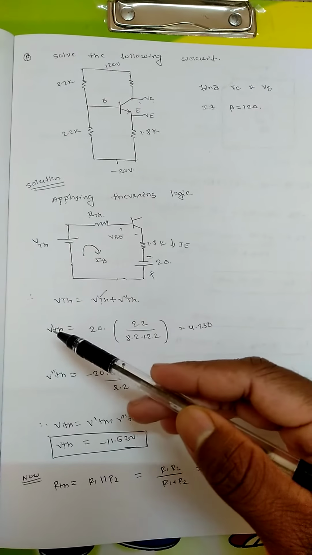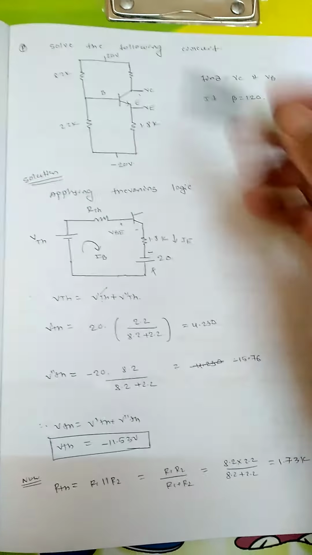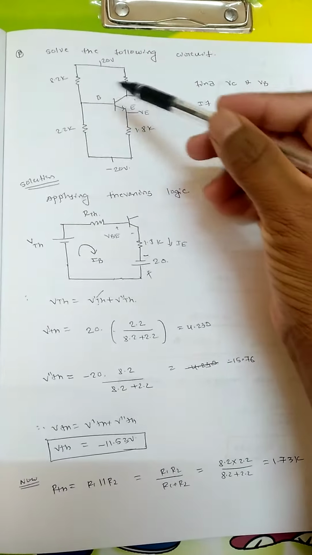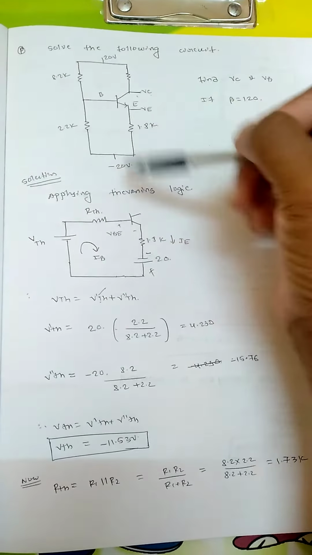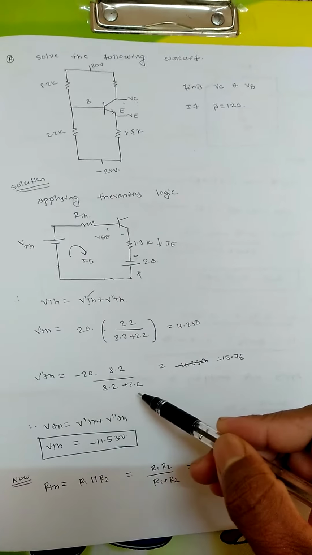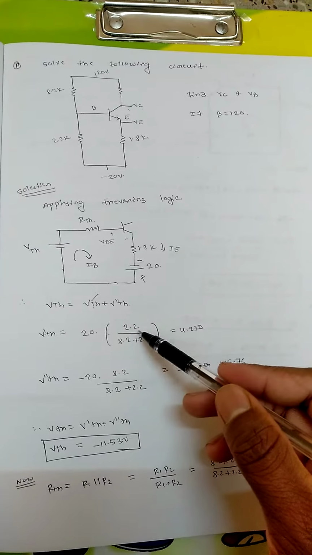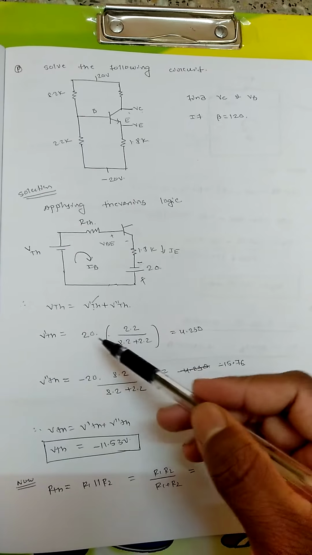First I will write V dash TH, which is equal to the one voltage which is acting, 20 volt, into the lower resistance 2.2 divided by the total resistance 8.2 plus 2.2, which gives 4.230. This is V dash TH when 20 volt is acting.